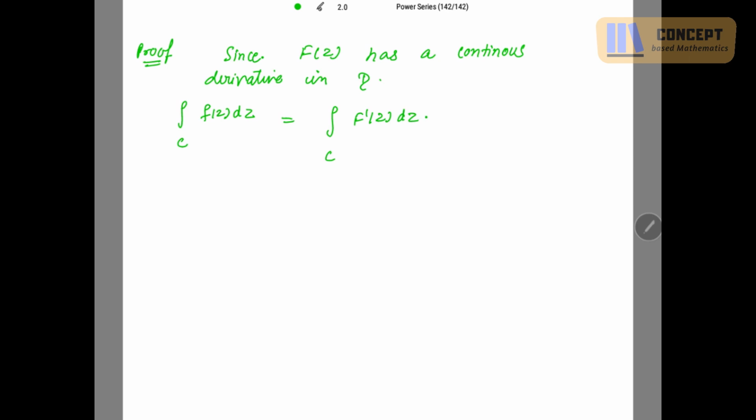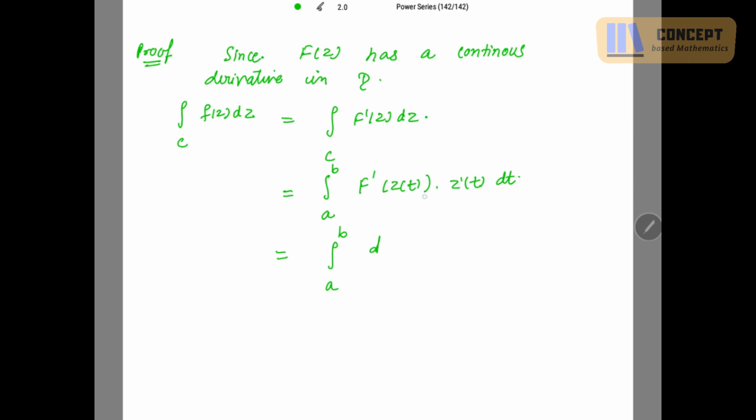Further, instead of the contour I should write the limits a to b because it is parameterized. So this is F dash, instead of z I should write z(t), and instead of dz it is z dash t dt, which is equal to the integral from a to b.